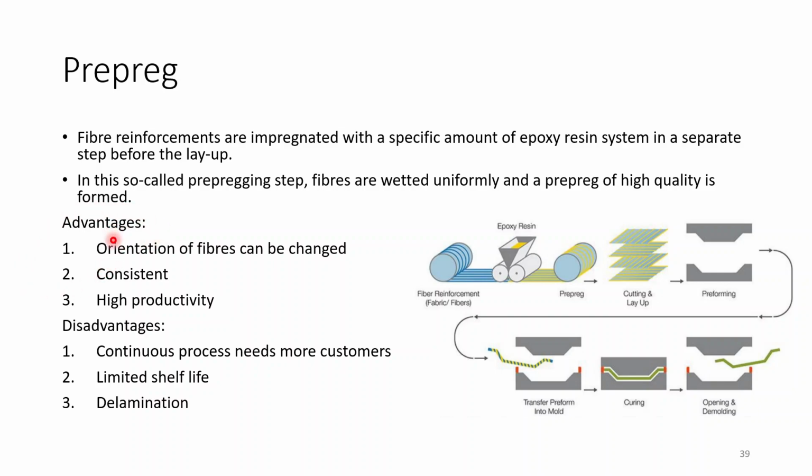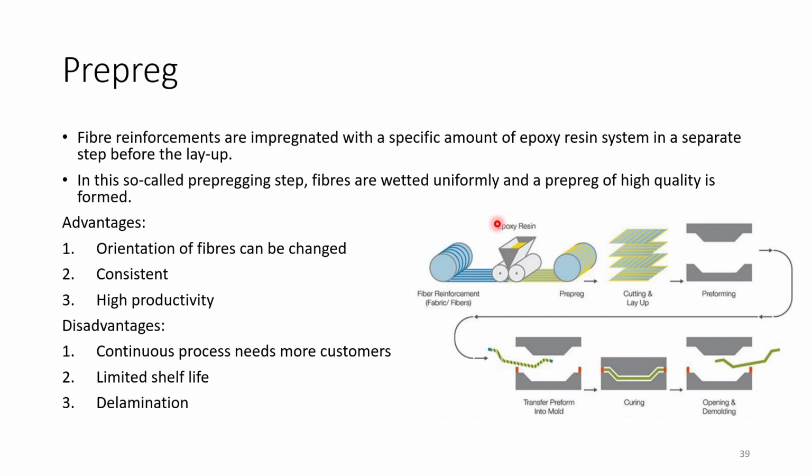The advantages include orientation of fibers can be changed, it is consistent, and it has high productivity. Disadvantages, it is continuous process and needs more customers. It has limited shelf life, and it has problem of delamination.